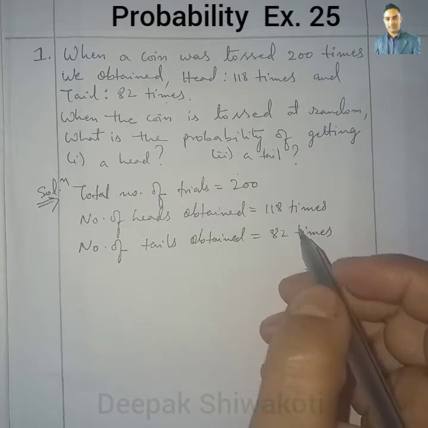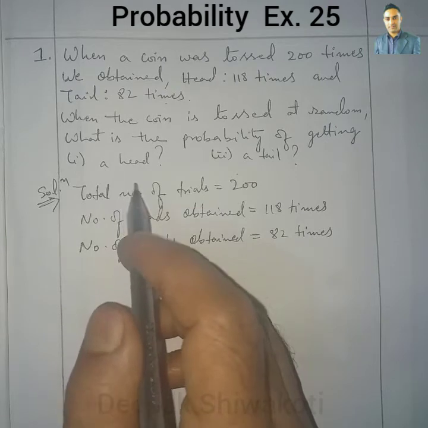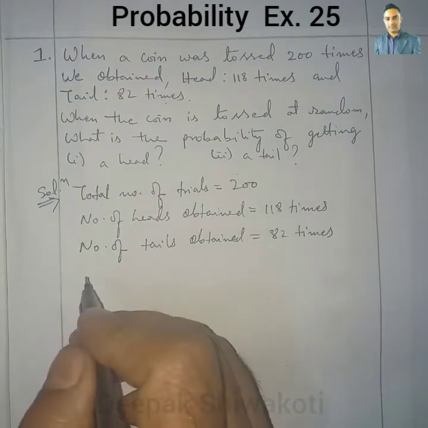Okay, now probability of getting a head is given by the empirical probability.